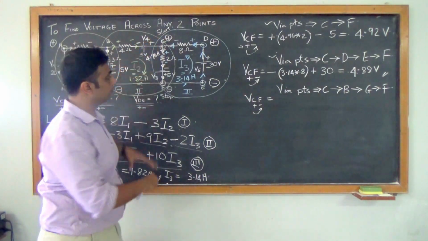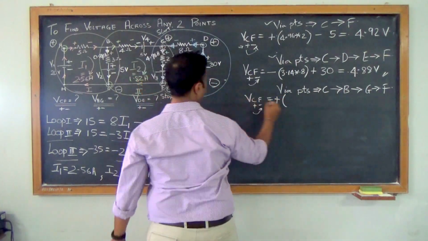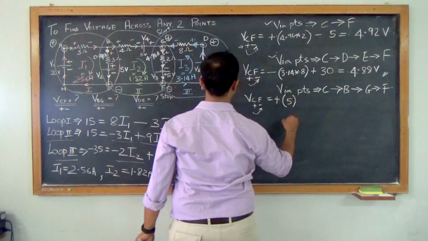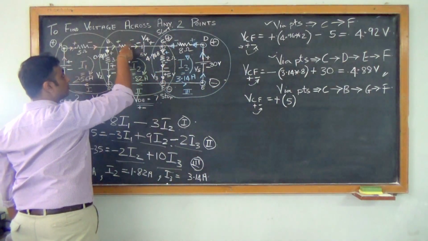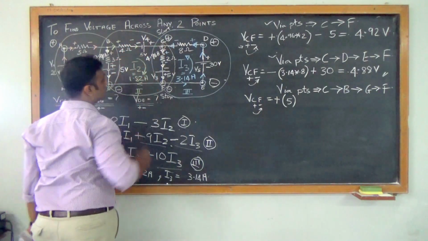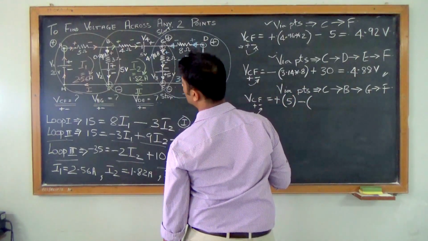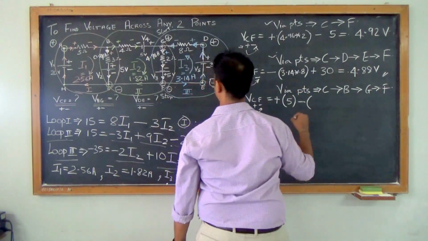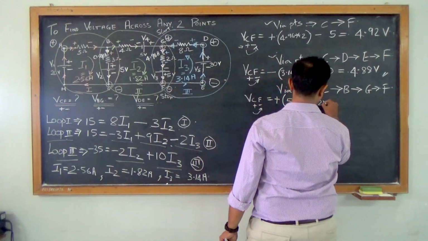Positive into positive, positive. What is the voltage source value? 5 volts. Then for the resistor of 4 ohms, the first terminal of the resistor is negative. So negative into positive, negative. Current is what? I2, that is 1.82, into 4.